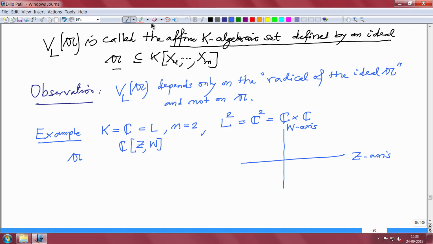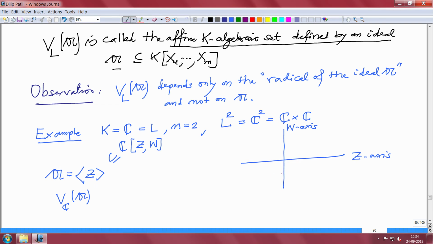And now we need an ideal. So, I take an ideal A, which is generated by Z. So, this is a principal ideal in this ring generated by Z. Now, what is V C of this ideal? Let me indicate that V C, that means Z is 0.